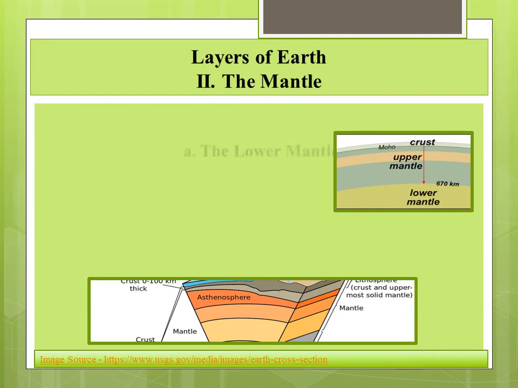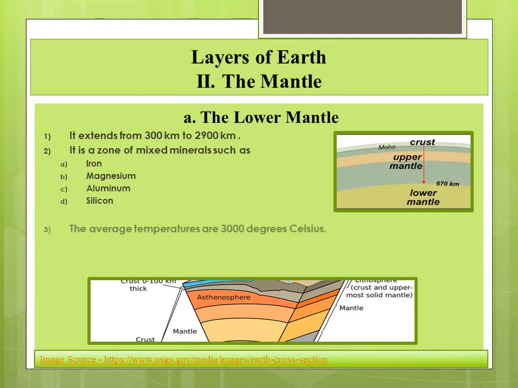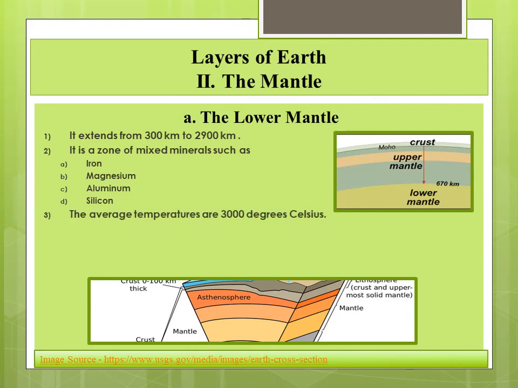The second layer of the mantle is the lower mantle. It extends from around 300 km to 2,900 kilometers. It is a zone of mixed minerals such as iron, magnesium, aluminium, silicon. The average temperatures here are 3000 degrees Celsius.